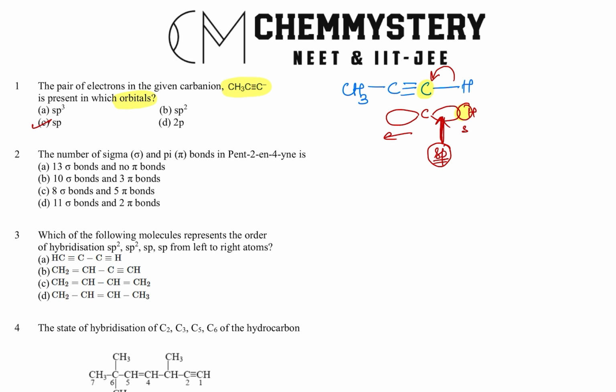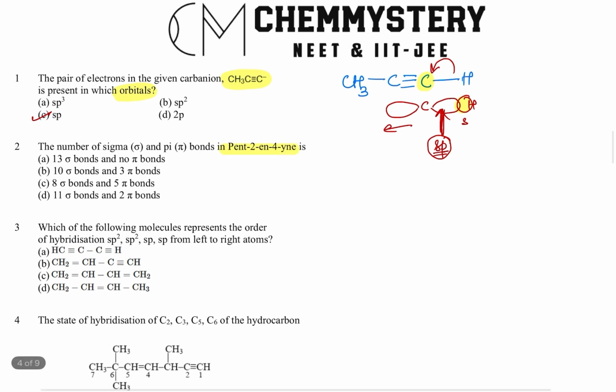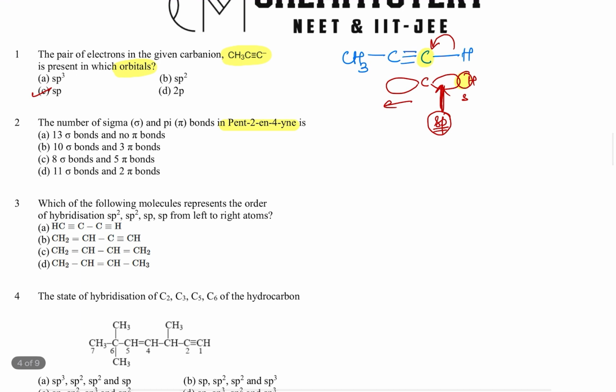Second one, the number of sigma and pi bonds present in pent-2-en-4-yne. First, let's make the structure for better observation. Pent means 5 carbons. So 1, 2, 3, 4 and 5. At the second place we have ene, meaning double bond.